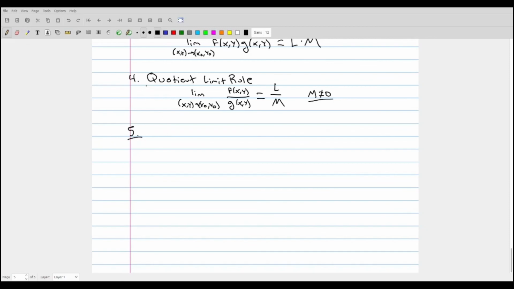And the last two are related to different powers and roots of a function f. So let's say, for instance, this is going to be the power limit law.